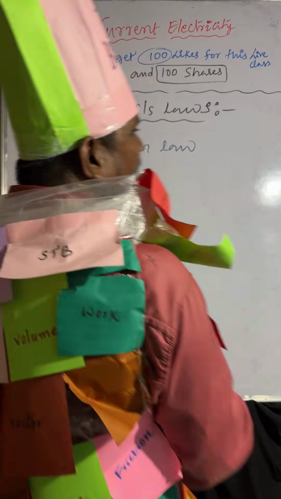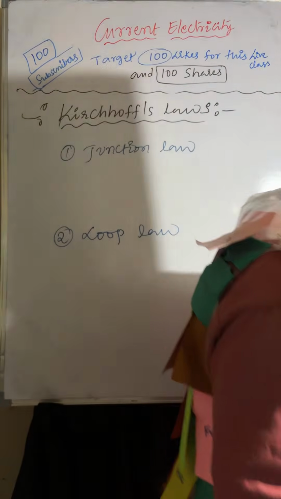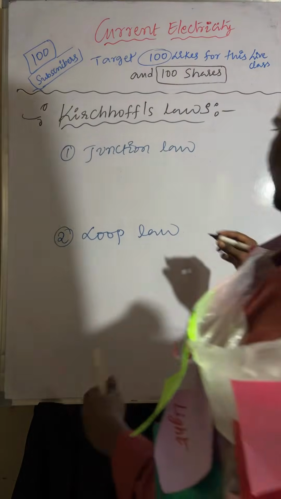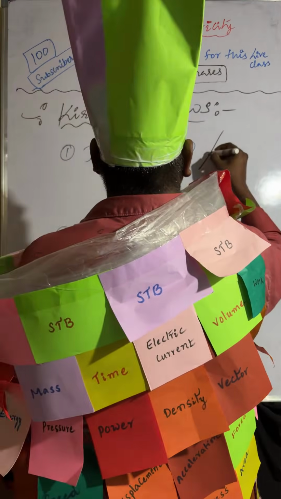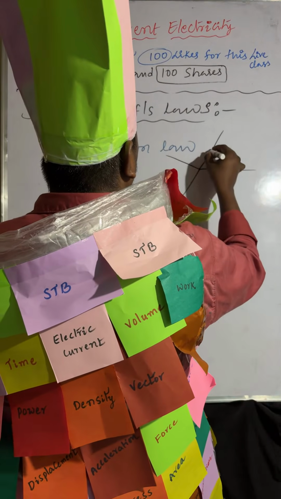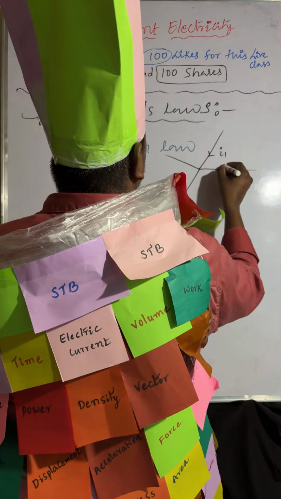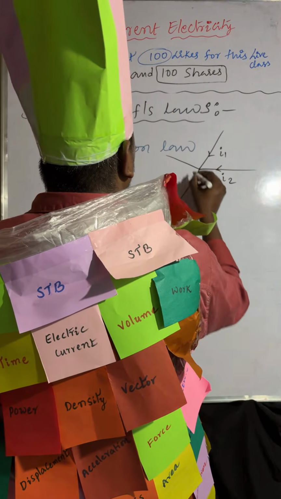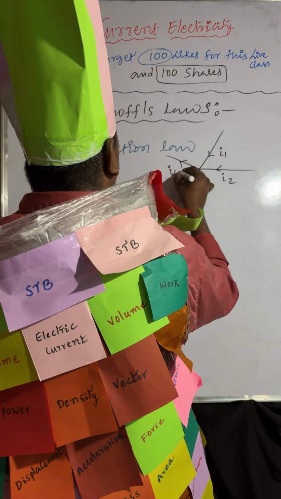Junction law is nothing but the algebraic sum of all the currents reaching at a junction is equal to 0. So I am considering here 1, 2, 3, 4: this is I1, I2, and this is I3 and I4.